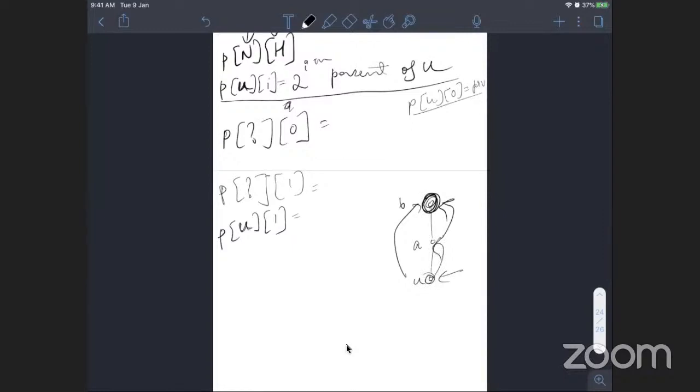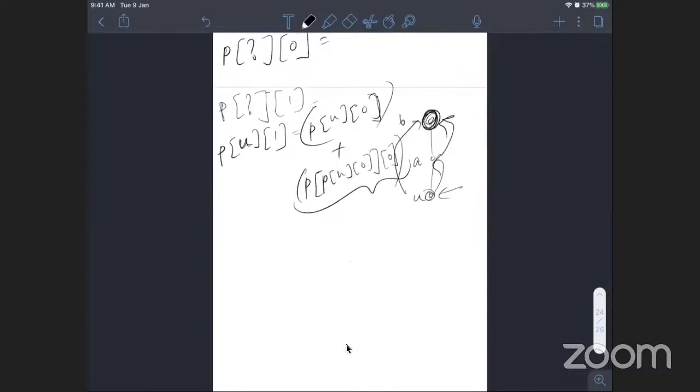So for PU1, what all information do you need? You need PU0, right? You need this information, plus you need P of PU0. I don't know how to explain this better. I mean, this statement basically means who's my parent.